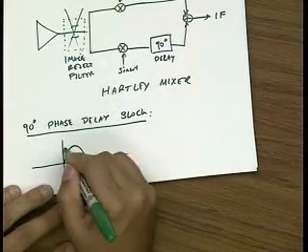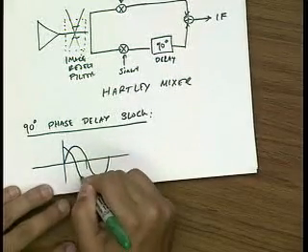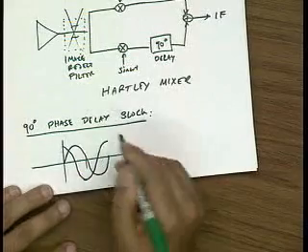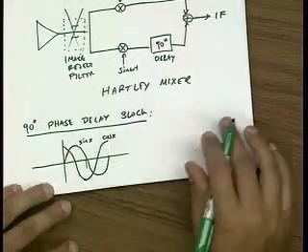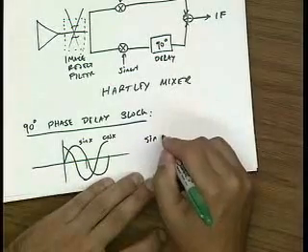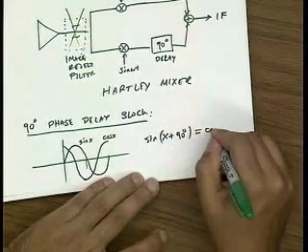If I just shift this backwards, so this is sine, this is cosine. So this corresponds to a shift of 90 degrees, and the sinusoid produces a cosine.